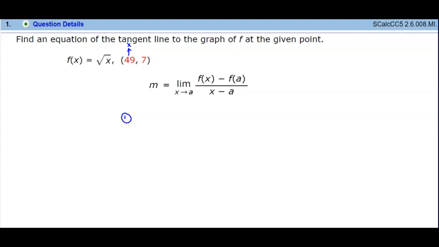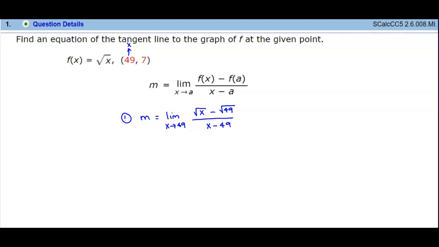So we have m, which is equal to the limit as x approaches 49 of the function, and our function is the square root of x minus the square root of 49 over x minus 49.